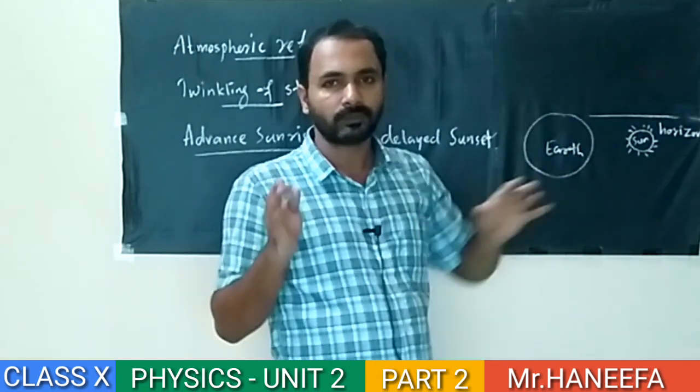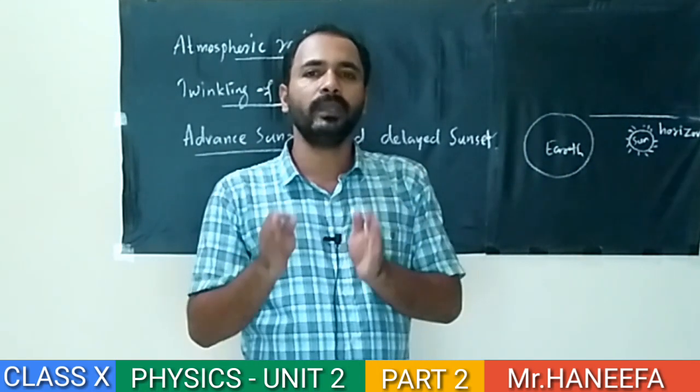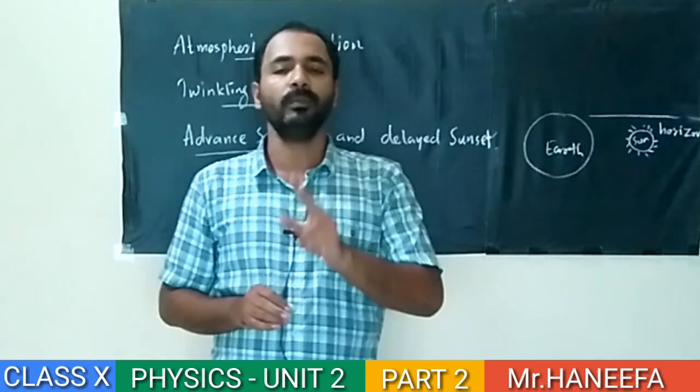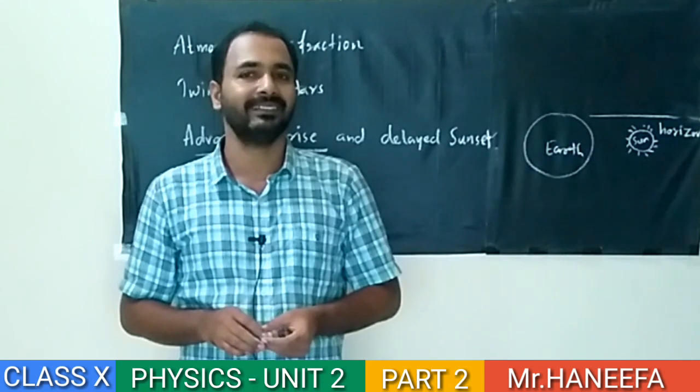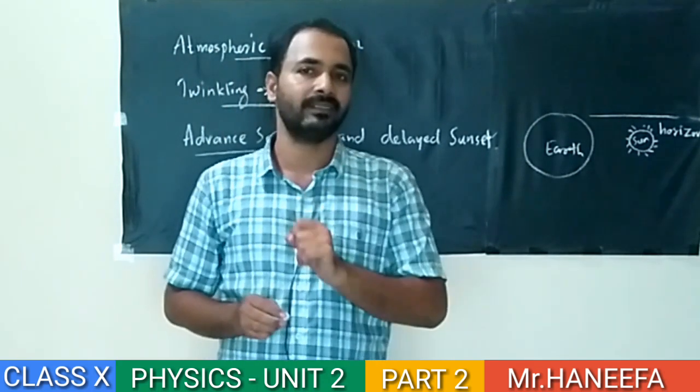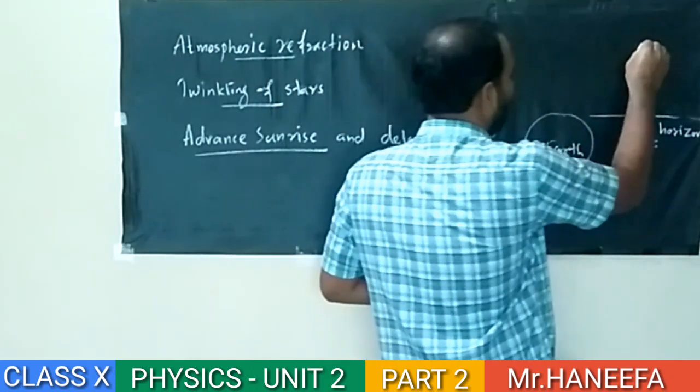So 2 minutes before the actual sunrise, we can see the sun. That is called advanced sunrise.